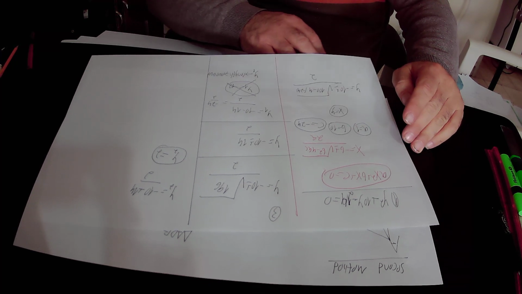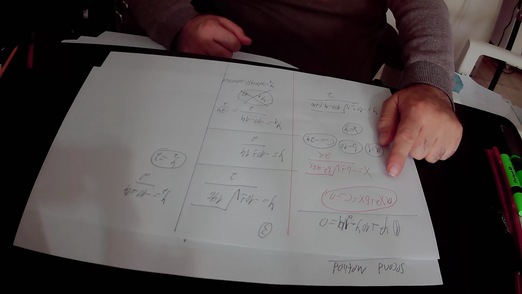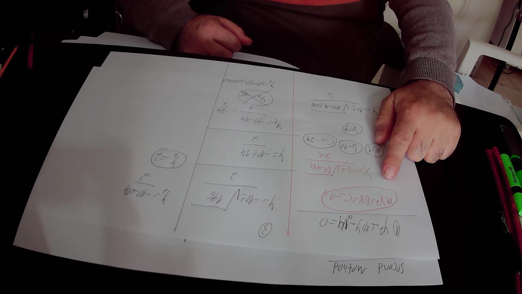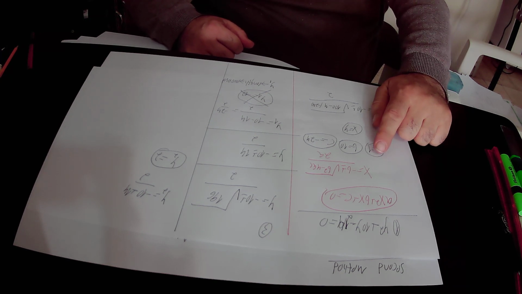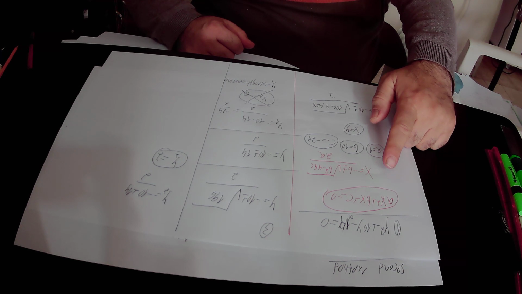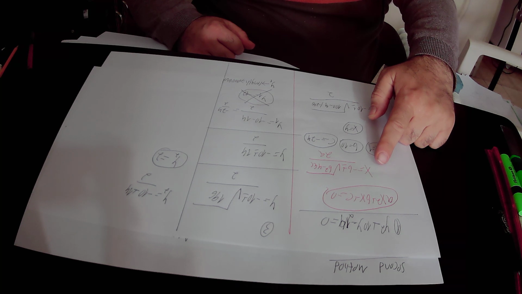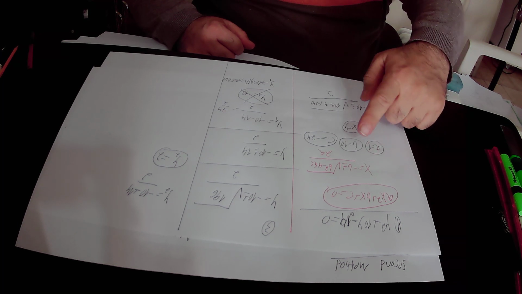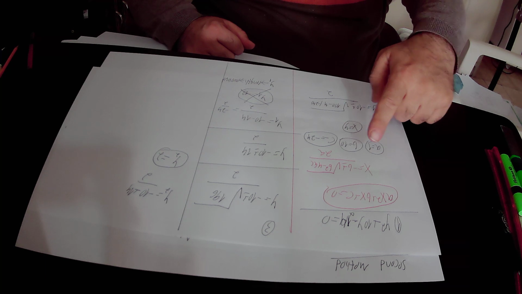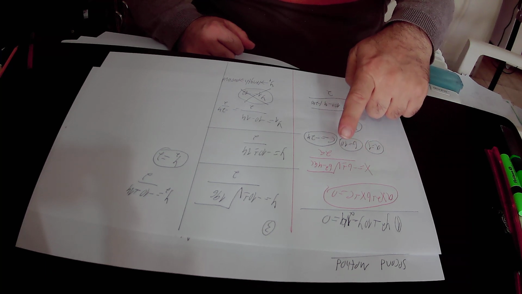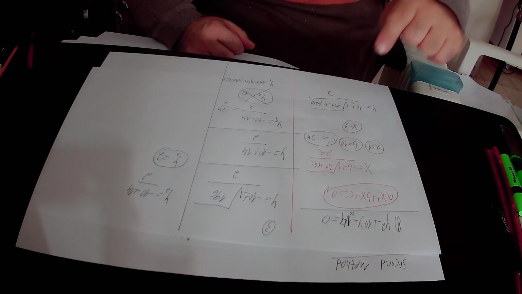This is a quadratic equation, and the general form of a quadratic equation is ax squared plus bx plus c equals 0. A, b, and c are the coefficients of the quadratic equation, and the variable that we are looking for is x. We will find the value of x according to the following formula: x equals minus b plus or minus the square root of b squared minus 4ac, over 2a.